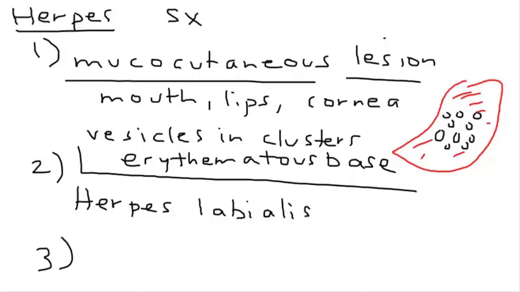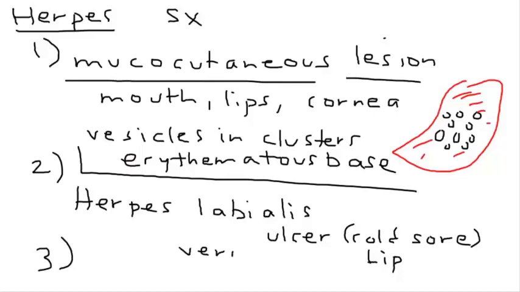It kind of resembles an ulcer or a cold sore, and normally appears on the lip, the area of the lip that a woman would apply lipstick on, known as the vermilion border. That's the area that this cold sore will appear on.